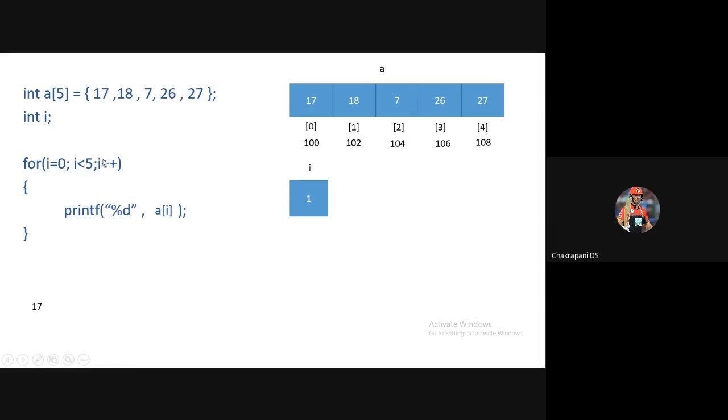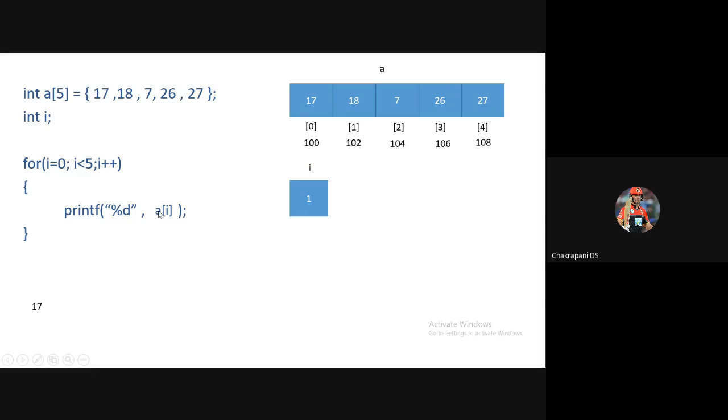Now after incrementing the value of i, the computer goes to the condition part and checks the condition again. What is the latest value of i? Latest value of i is 1. So 1 less than 5. Condition is still true. Because the condition is true, it enters here and executes the same printf statement again. Now tell me, what are the changes here?